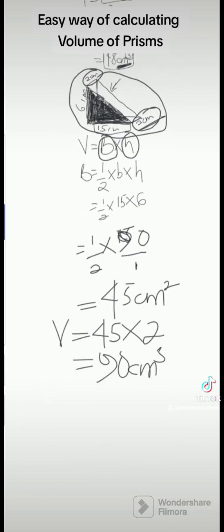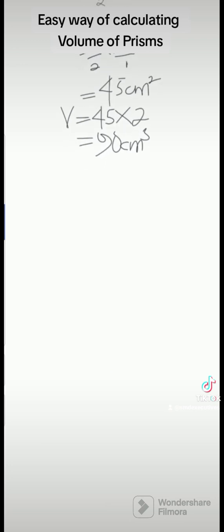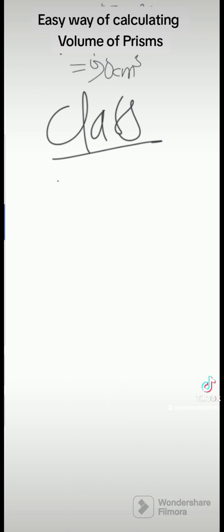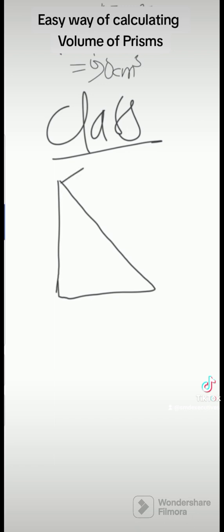So let's check out a class exercise which we need to work on so we can be better at it. Calculate the volume of this triangular prism.